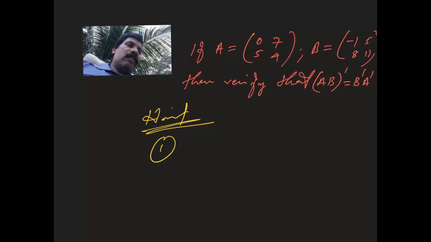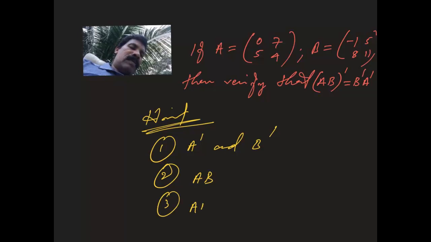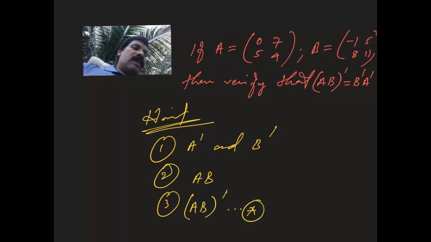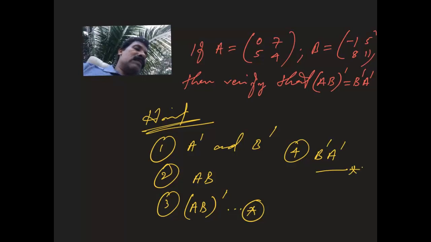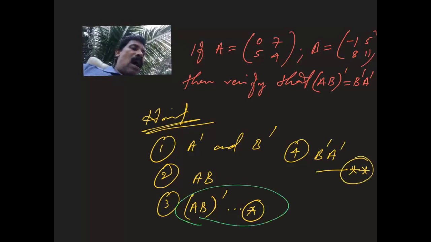First of all, you have to find A dash and B dash, and second you have to find the product AB. Third step, you go for transpose of the product and call it a star. Then fourth step, you go for B dash A dash multiplication and call it a double star. You can verify that this and this result are the same, hence the verification.